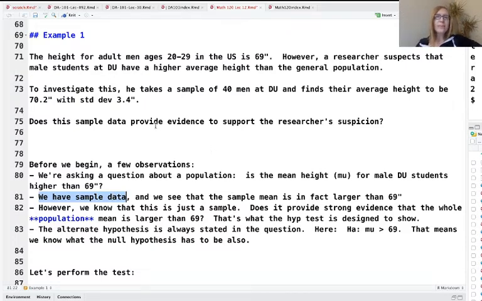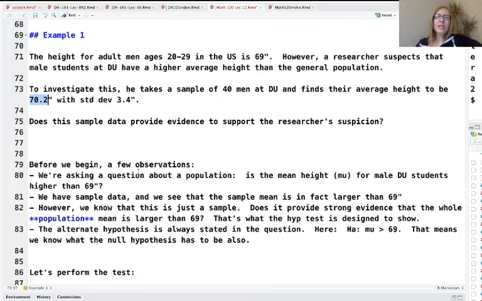Now, if you look at the sample data, the sample data had an average of 70.2 inches. So certainly the sample average is higher than 69. That's not in question. It's clear here that this sample data had a higher mean than 69 inches. It's 70.2.